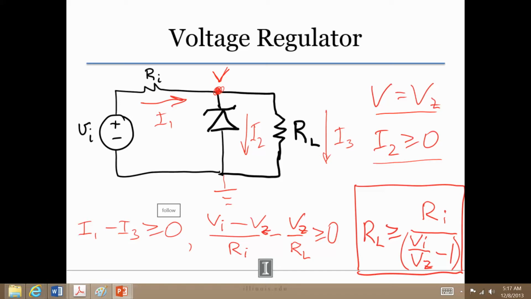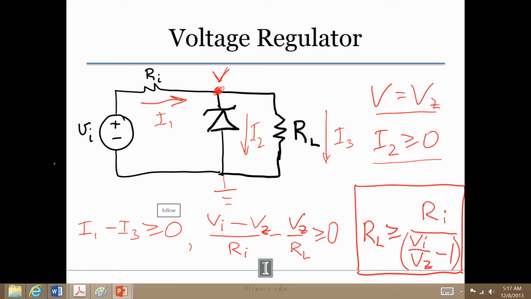Because from the IV characteristics of the Zener diode, you're not going to have I2 less than 0 going through the other direction at the breakdown voltage of the Zener diode. All right, so hopefully that makes sense. If not, just review the previous part.